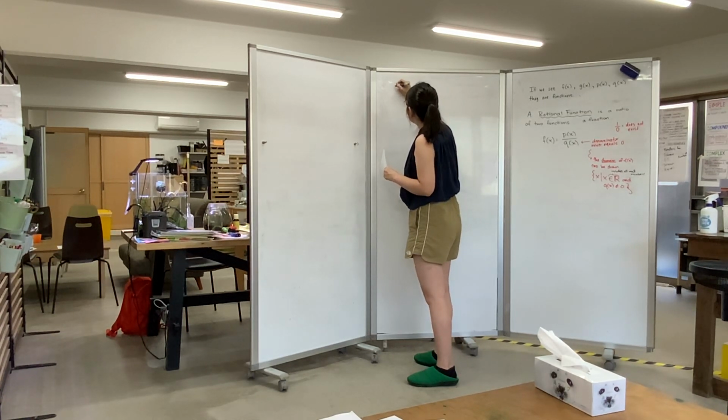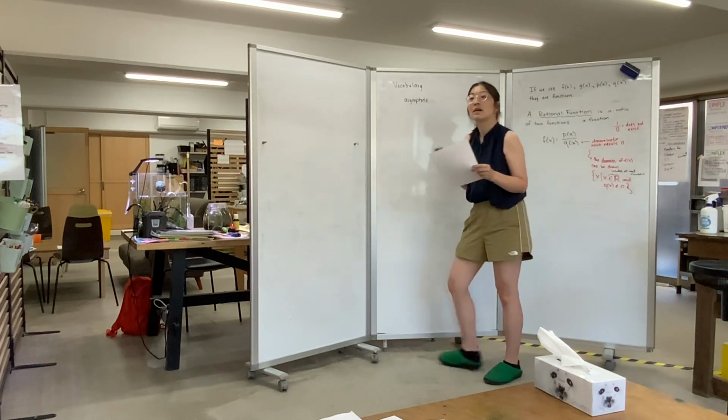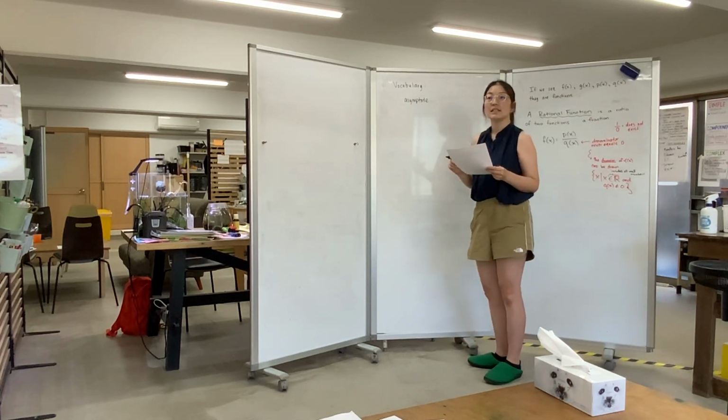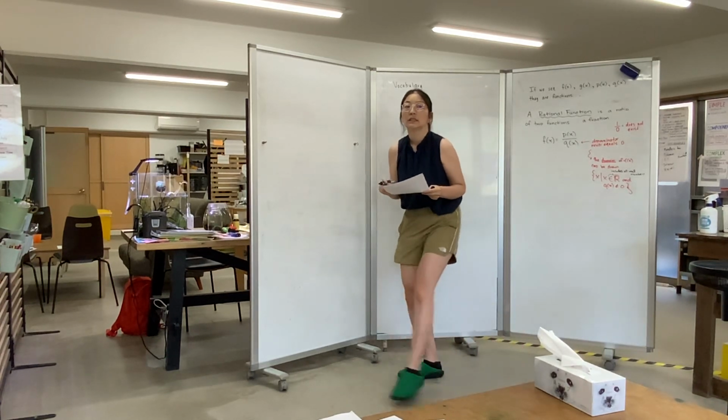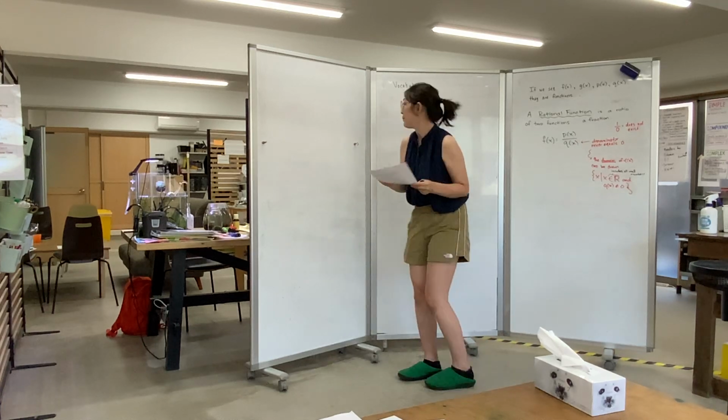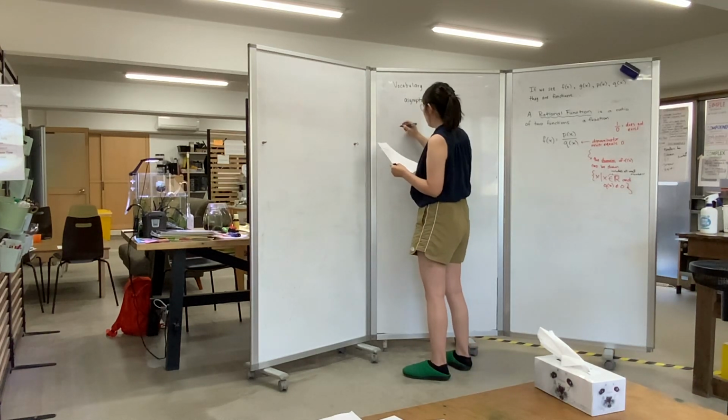We have 2 new vocabularies for this unit. One is going to be asymptote. Okay? Have we seen asymptote before? Maybe not. Okay. I'm going to show you an asymptote.